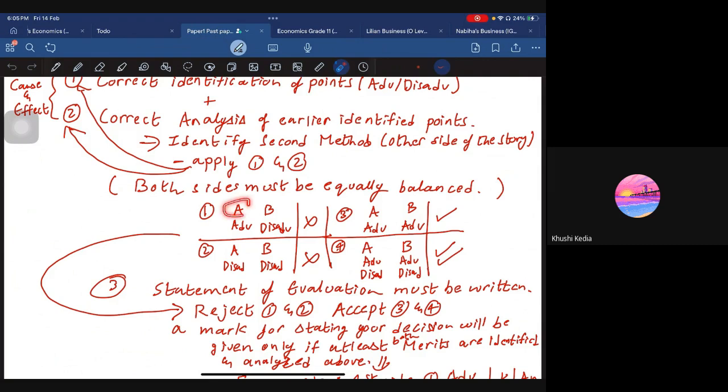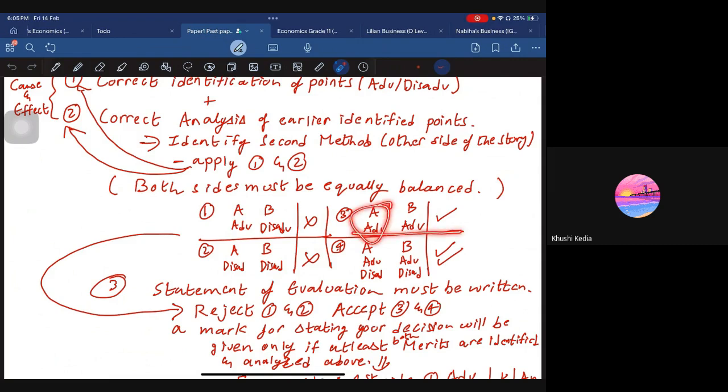So you talked about the advantage of on the job training and the disadvantage of off the job training. Is it a balanced thing for your evaluation? No. If you give a disadvantage for on the job training and a disadvantage for off the job training, with good analysis, and it was all accepted, still you are not going to get any marks for the evaluation.